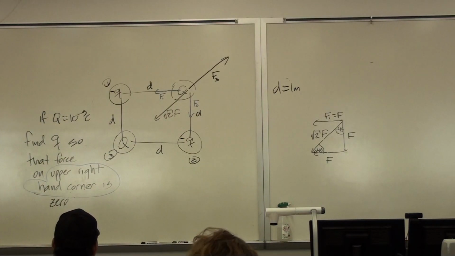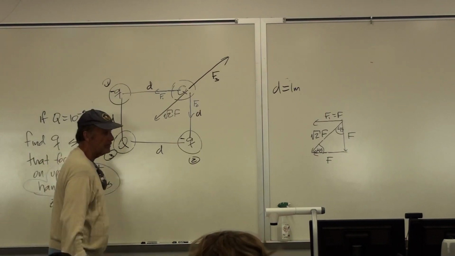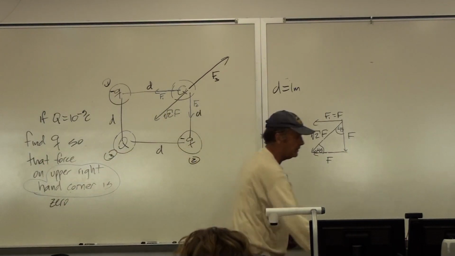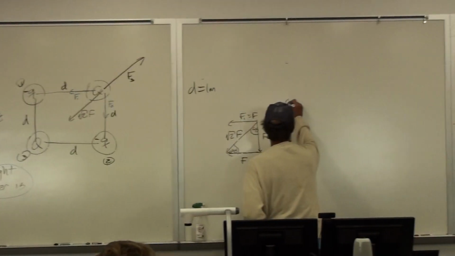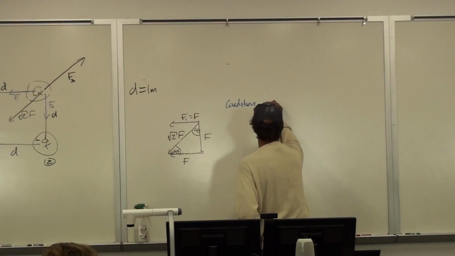Doesn't it exactly cancel in the opposite direction? So my condition then is that what I want is the square root of 2 times f to equal f3. This isn't the only way to do the problem.